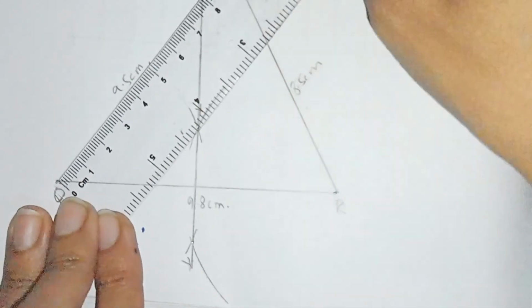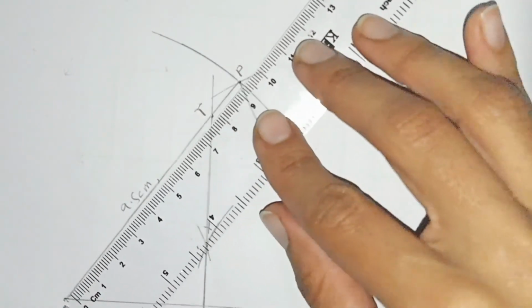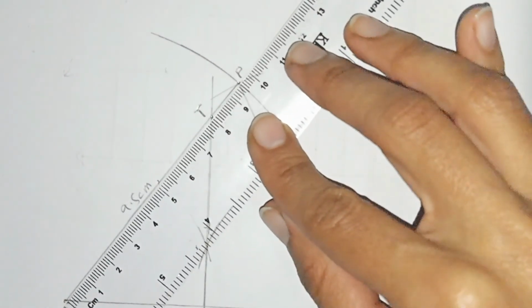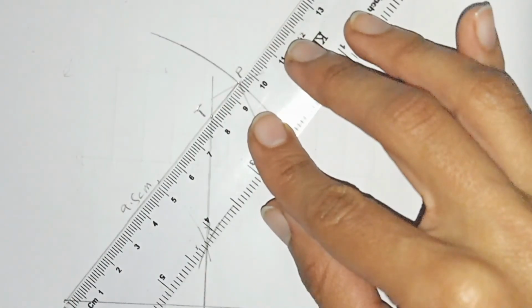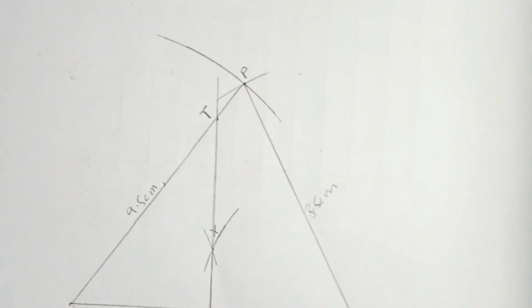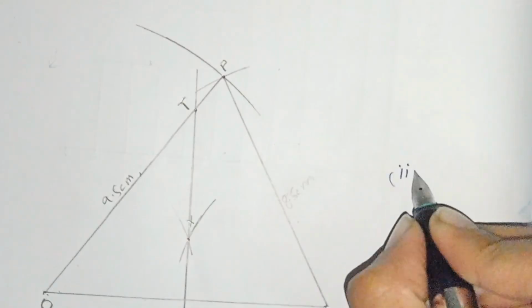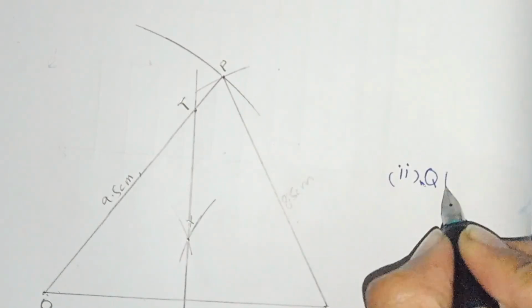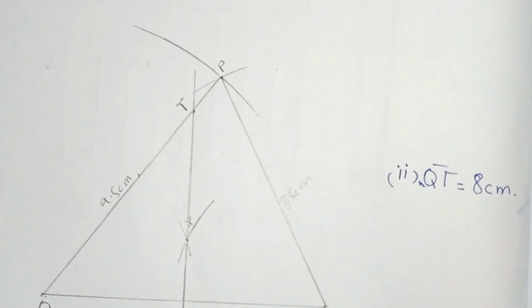You can see that the QT is exactly equal to 8 centimeter. And now students, we can write QT is equal to 8 centimeter. Part number 2: measure QT is equal to 8 centimeter.